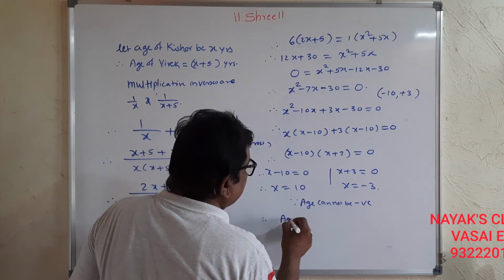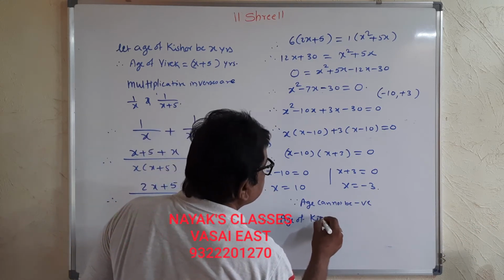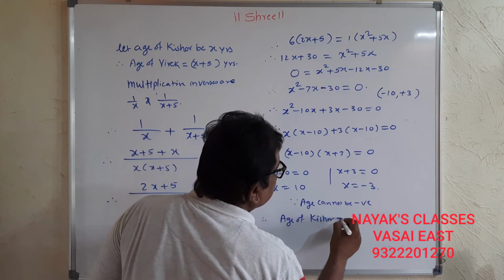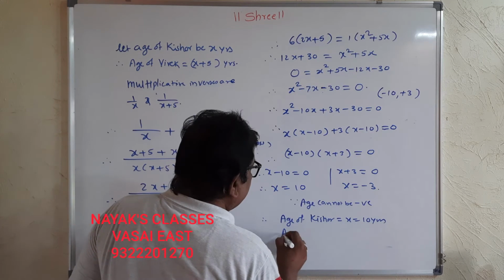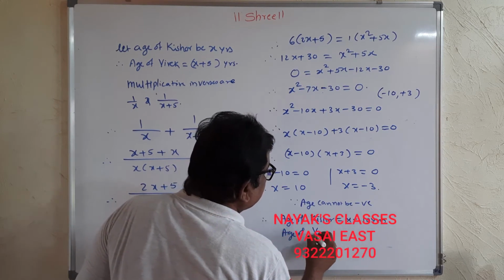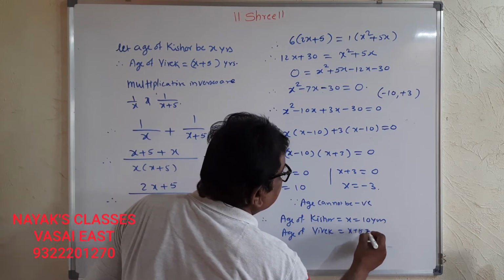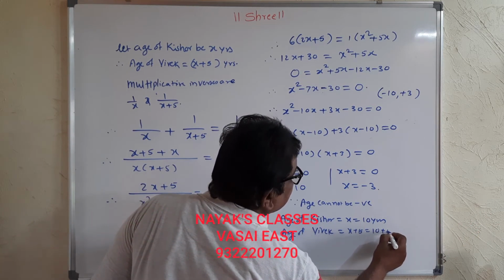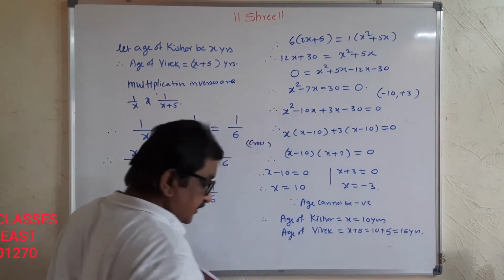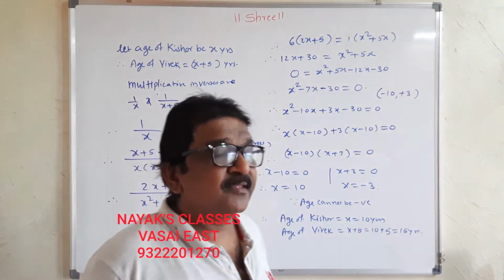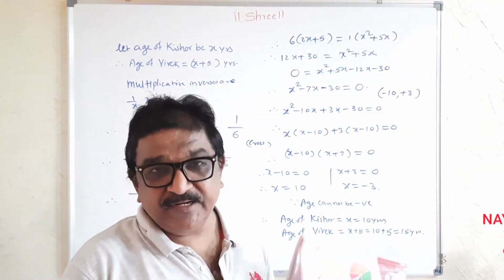So the age of Kishore is equal to x is equal to 10 years and the age of Vivek is equal to x plus 5 is equal to 10 plus 5 is equal to 15 years. So, the ages of the two boys are 10 and 15 years respectively.